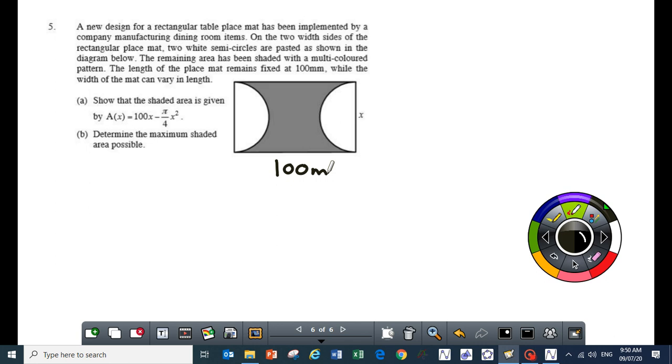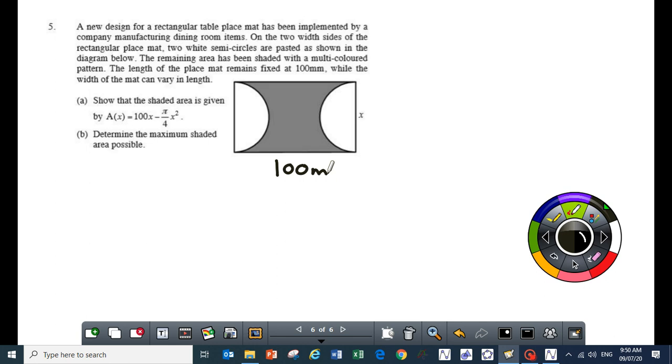So we're going to use your knowledge of finding the area and perimeter of a rectangle, together with your knowledge of circles in terms of area and also perimeter. To get the area of the shaded part, it will be equal to the area of the rectangle minus the area of a full circle.